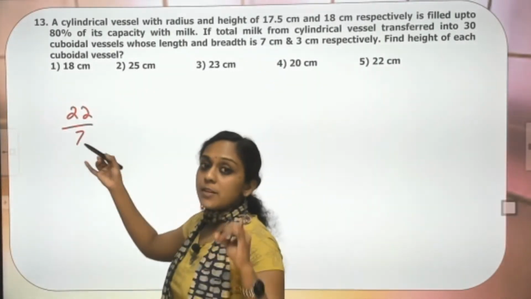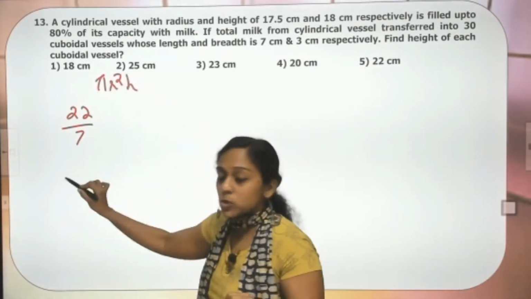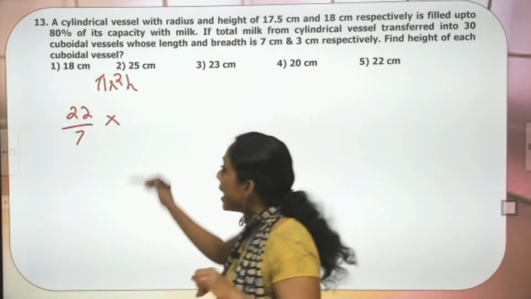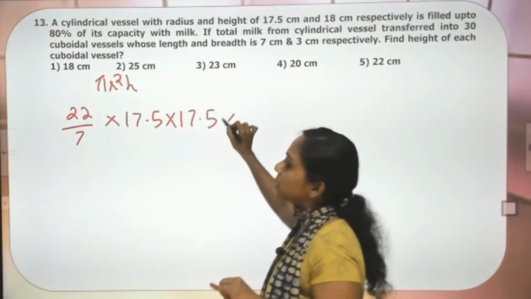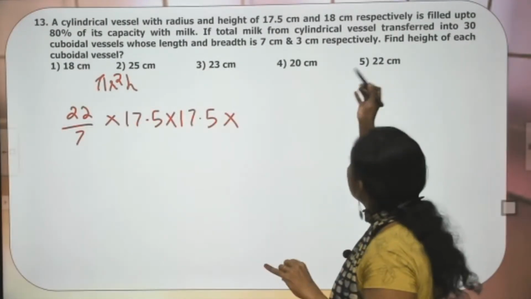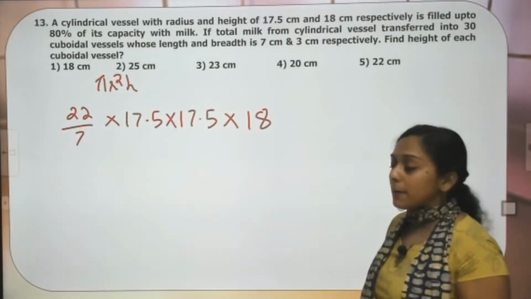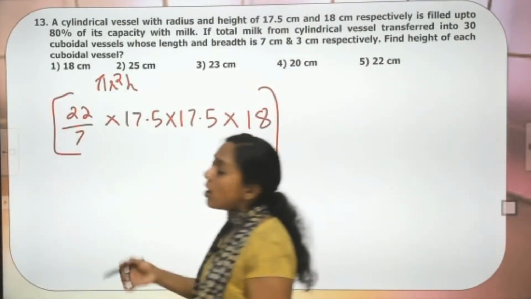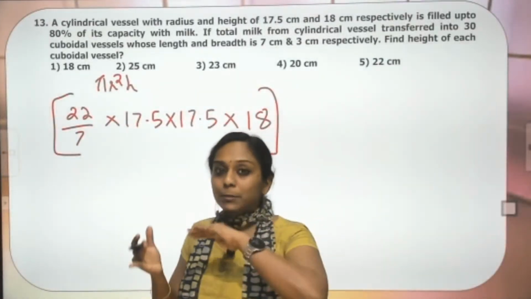So the volume of the cylinder is pi r square h. I am going to substitute the values. Pi is 22/7 into r squared, r is 17.5, so 17.5 into 17.5, into the height, which is 18. But is the cylinder completely filled?